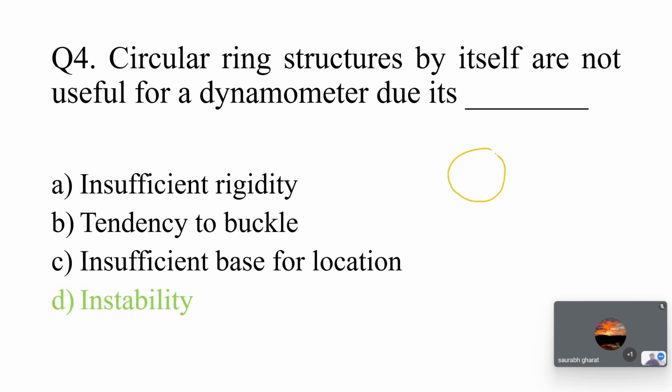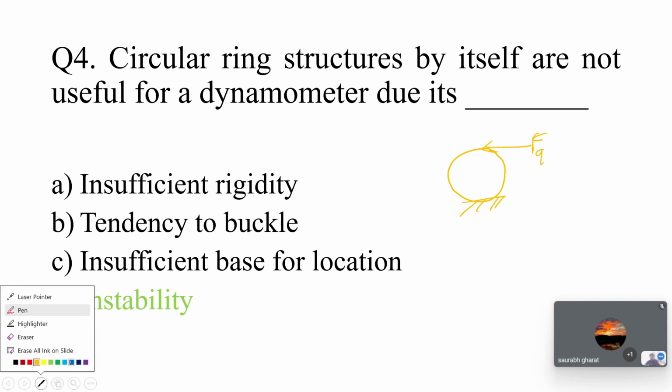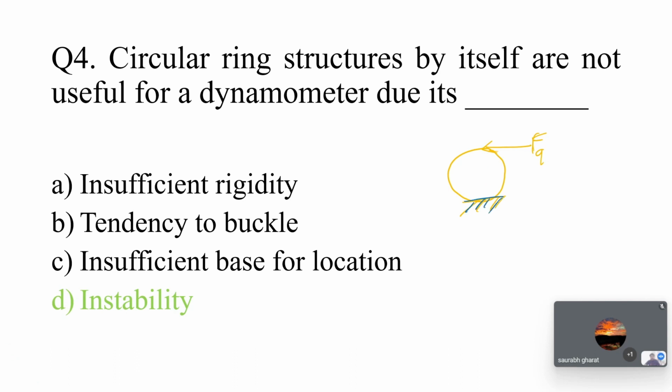This kind of force is required, that is FT, like a tangential force FQ. If you get this kind of force, what will happen? It will start rolling. This is the point at which the load is connected to the base.